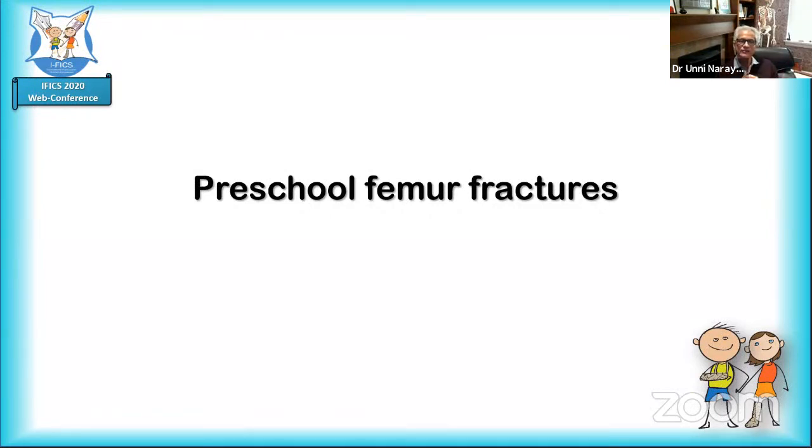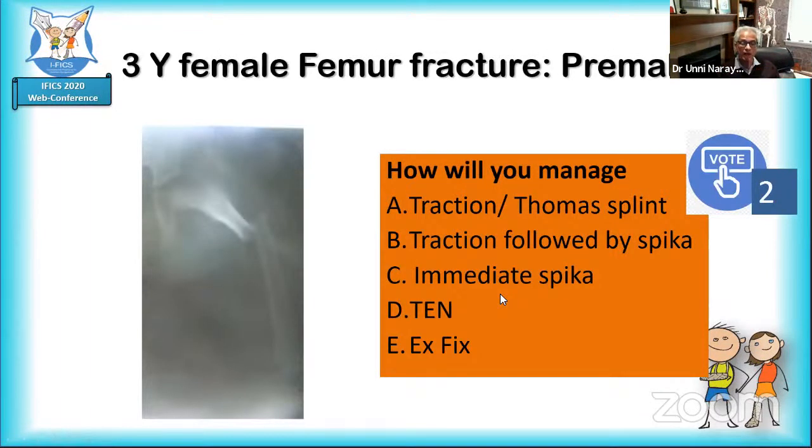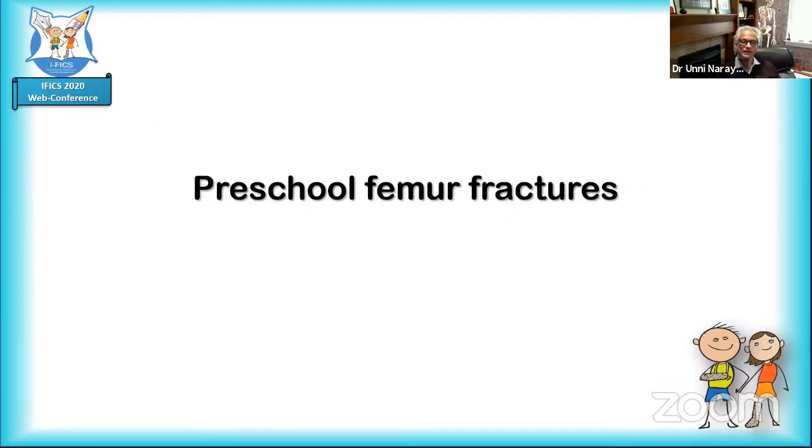But I have yet to see, because they come treated in all kinds of ways before we get to them, and I imagine that's true in India as well, a single patient, no matter how badly it was aligned, that had a problem in the future, as long as we had that lengthy conversation with the family with other radiographs to show them how this remodels. So I'd like to know from the panel, have you ever seen a malunion from a poorly treated neonatal femur fracture? I'm talking about a neonate.